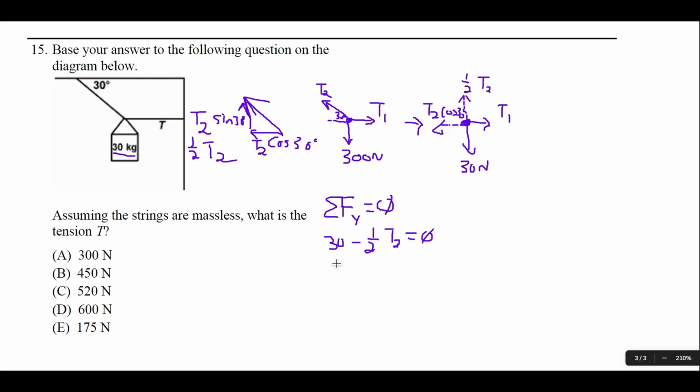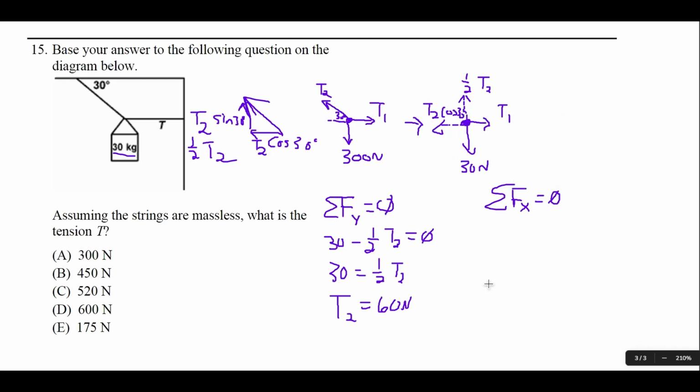So moving things around, I end up getting that 30 equals 1/2 of T2, or that T2 equals 60 newtons. By breaking these up into components, I can tell which part of T2, the vertical component, has to be equal to 30 in order to balance it out. Because again, it's in equilibrium. So I know that the forces in the y direction and the forces in the x direction are both equal to 0.